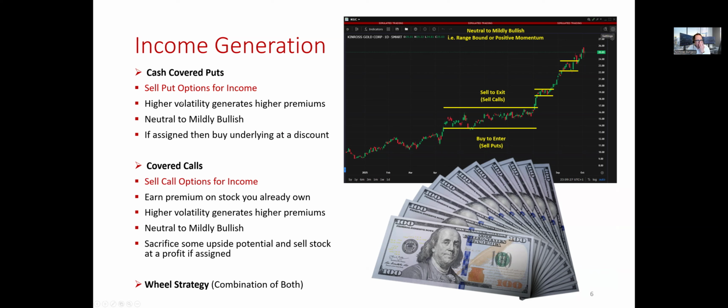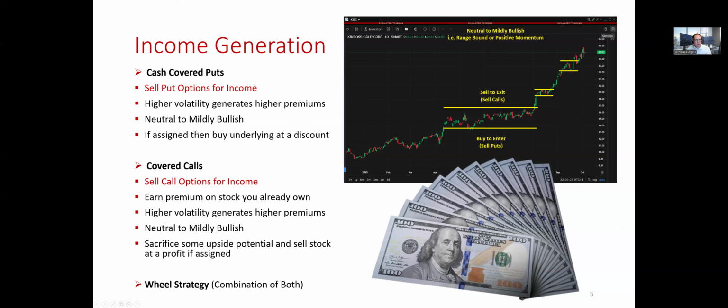The one thing to note is that higher volatility generates higher premiums. So if you want to sell put options for income, and you have moments where you believe the volatility is temporarily high, it's a great time to sell to generate higher premium.